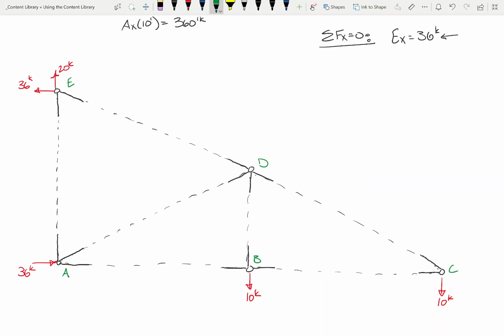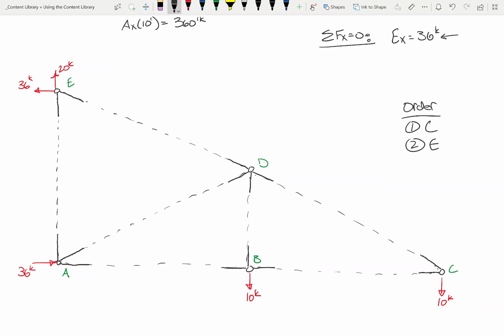We can't start at B or A, right? But we could start at C and E. We could do either one, right? So let's just do those first. Let's do C first, then we'll do E. Okay?